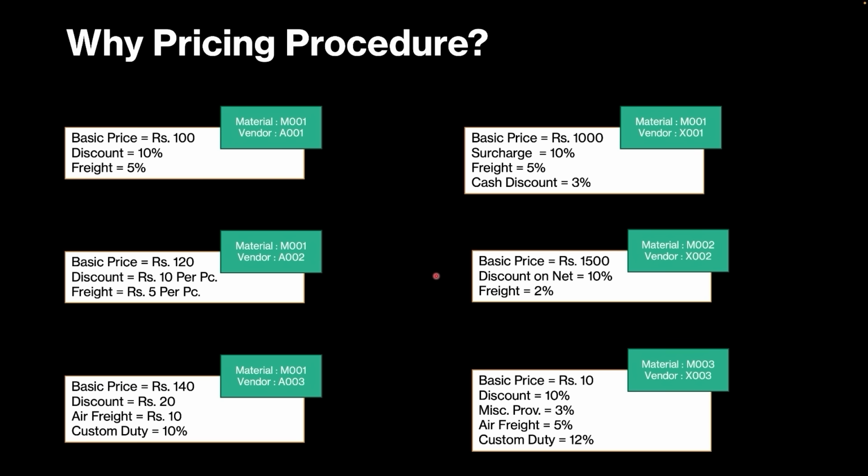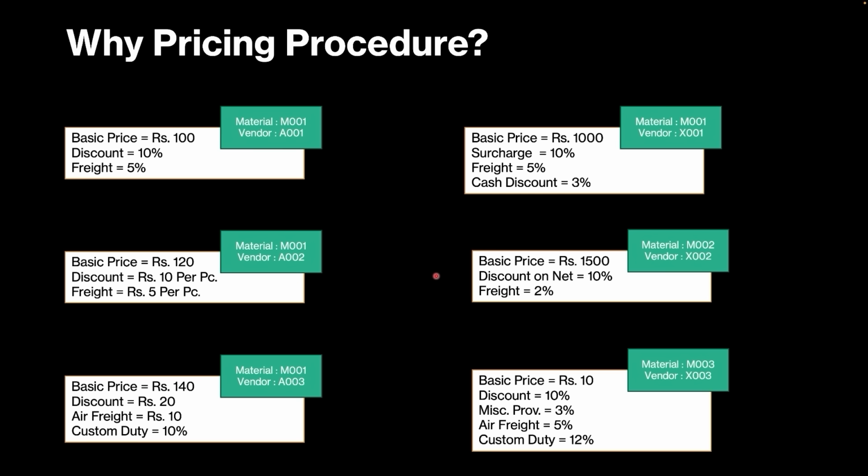For your local procurement, you will design your pricing procedure which will contain all possible condition types which are applicable for your local procurement. The end user will enter the values against the condition types which are applicable for that particular purchase order.